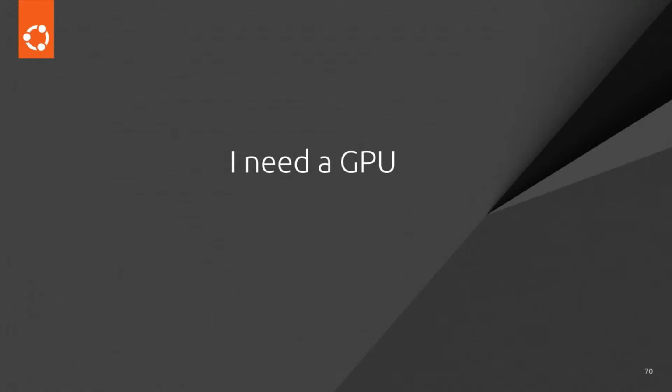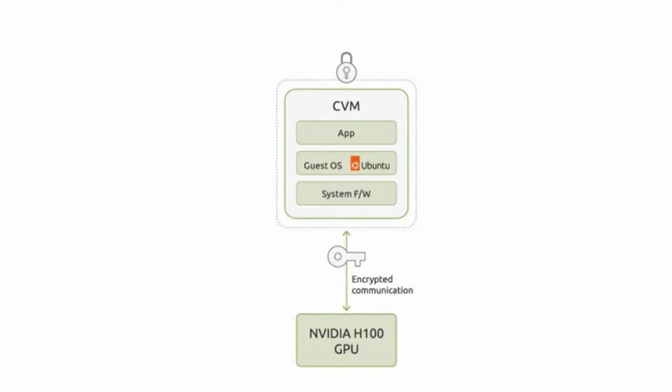If you are interested in confidential computing because you have specifically AI needs that require GPUs, and what I described here is only CPU technology, then I'm really happy to share that we have that capability. We have been the first Linux operating system to offer confidential AI, for example, on Azure.